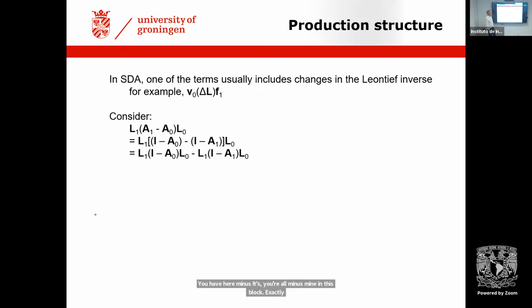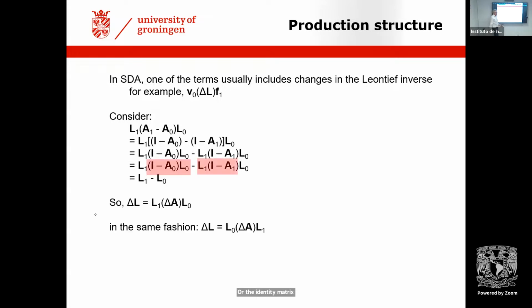Now split the two: L1 times L0, L1 times L0. That's what it says here. Now observe that these two together are the identity matrix, and these two together are the identity matrix. So this is exactly L1 minus L0. So I can write delta L as L1 times delta A times L0.